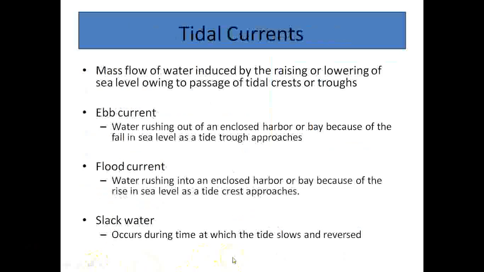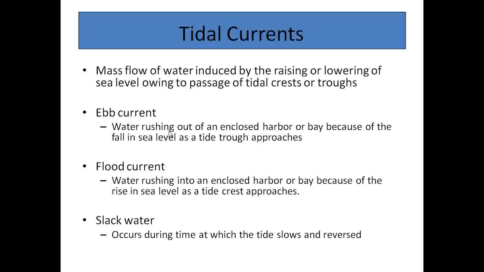Tidal currents are mass flow of water induced by the raising or lowering of sea level, owing to passage of crests or troughs, the tides. So an ebb current, as we talked about, is water rushing out of an enclosed harbor or bay because of the fall in sea level as a tide trough approaches.